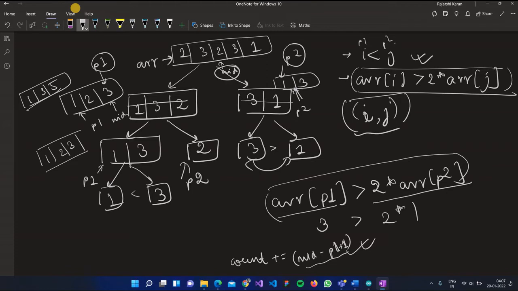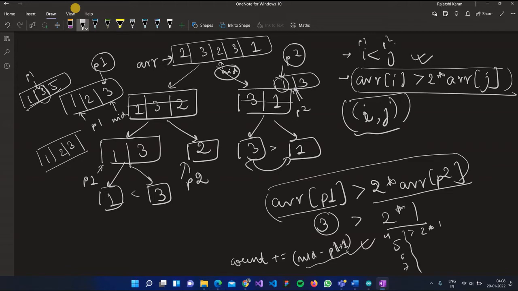Now see, when P1 is on this 3, this will form a reverse pair with this 1, because it obviously satisfies the condition that 3 is greater than 2 into 1. Also, every element that is greater than 3 will also satisfy the condition. Because if 3 is greater than 2 into 1, then any number greater than 3, like 4, 5, 6, 7, everything is going to be greater than 2 into 1.